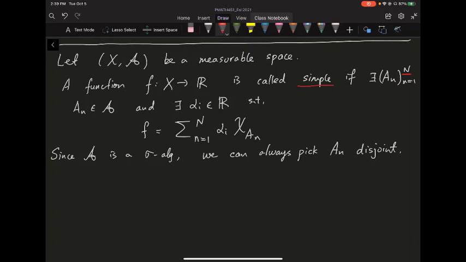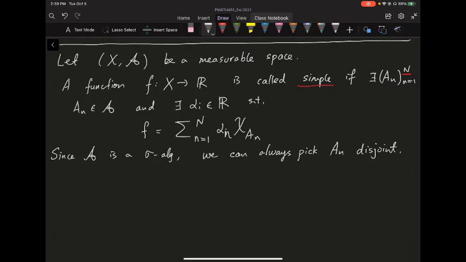Here I'm only dealing with real valued functions. If you like complex valued functions, you'll probably need the alpha_i in C. So this f is essentially the linear combination, the summation, of these alpha_i times the characteristic function of each of these A_n, I should say alpha_n. All right.